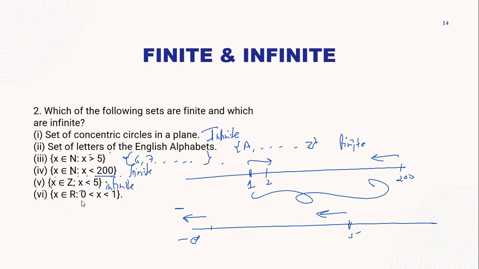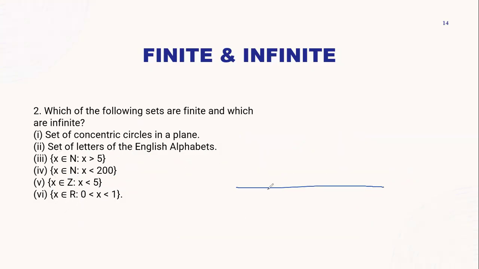The real numbers between 0 and 1. How many real numbers lie between 0 and 1? If I depict a line from 0 to 1, between 0 and 1 there are infinitely many numbers. See here 0.5, and if I depict here, it will be 0.225. Between them there are infinite numbers. See here 0.21, 0.22, 0.23.